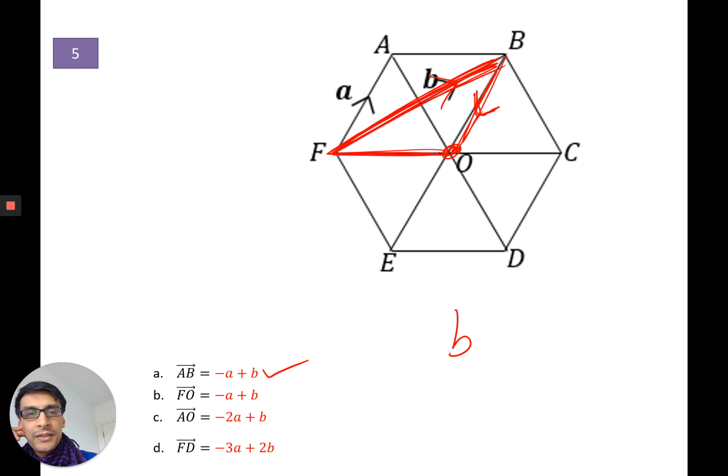And that's going to be negative A, so B minus A. So to get from F to O, we can go B minus A, or negative A plus B, like it's shown here, both the same thing.